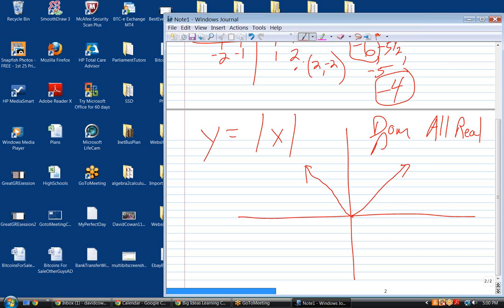What's the range? Look at the graph. Can y be negative? No. Range is y is greater than or equal to 0.